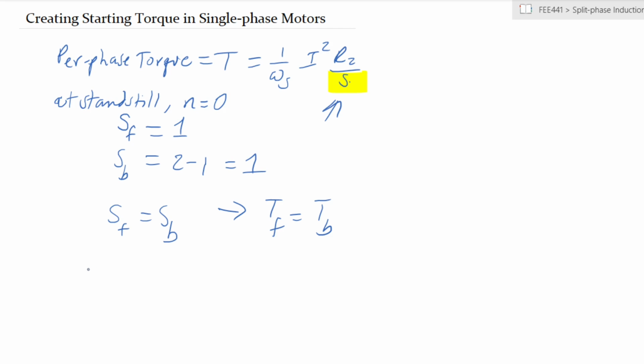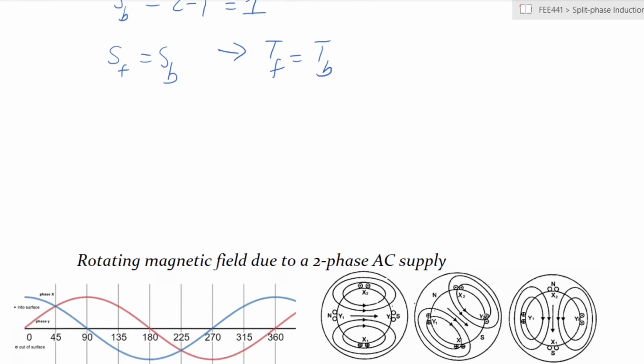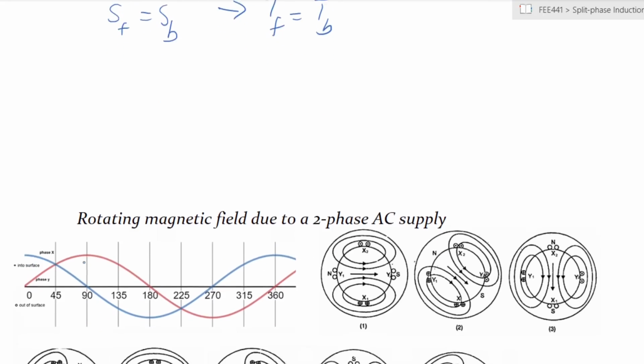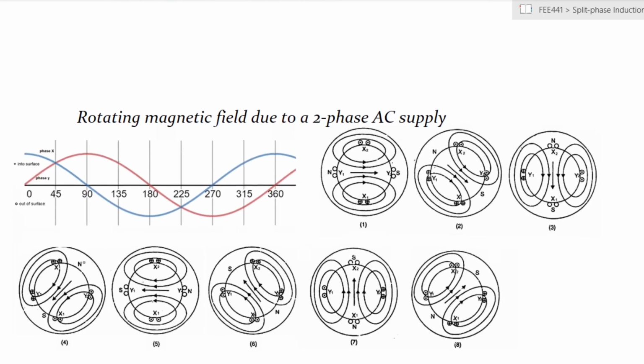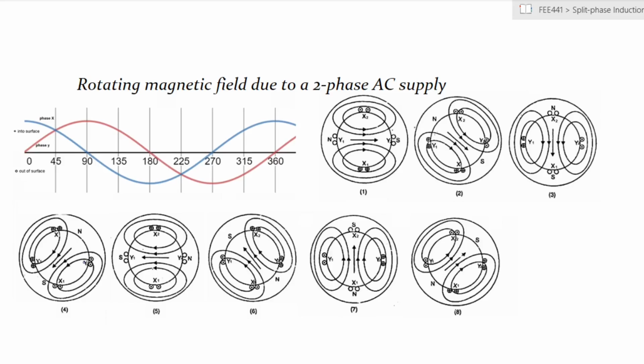So how do we generate torque at standstill? How do you get the single phase induction motor to start moving if it has no previous direction? Now we employ a characteristic called split phase. Let's look at the rotating magnetic field due to a two-phase AC supply.